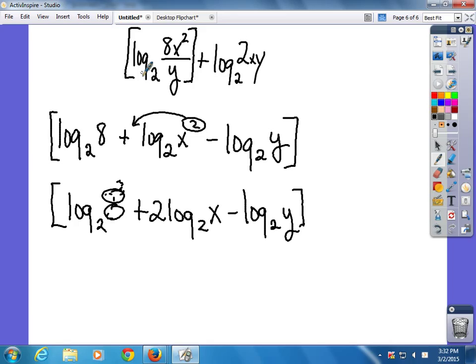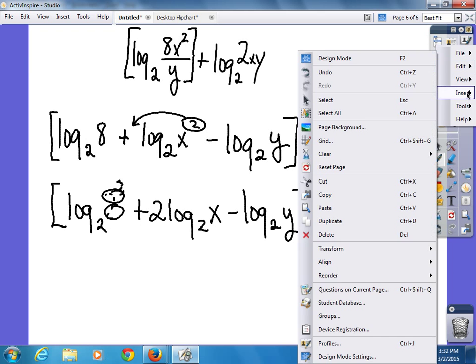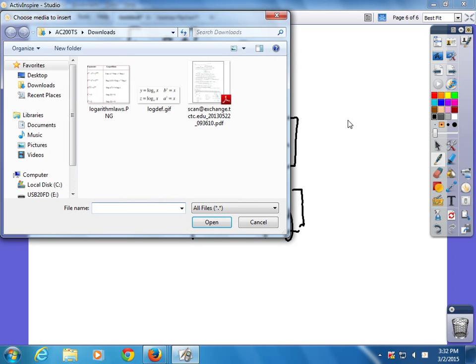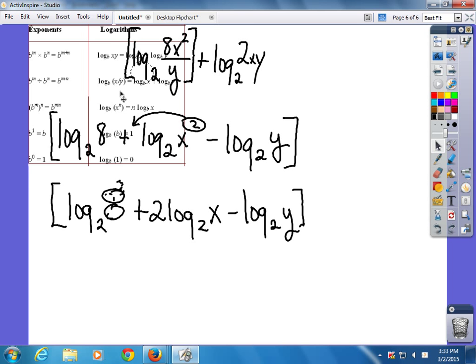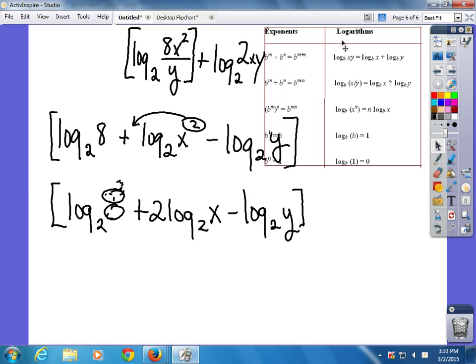Now, if we have the logs and we're adding these logs, what does that mean? If we're adding two logs, then we can rewrite that. See, it's going backwards here, because we're given that, we need to expand it into that.